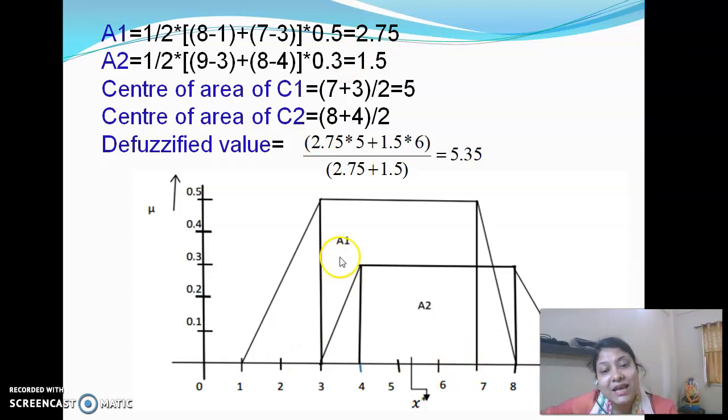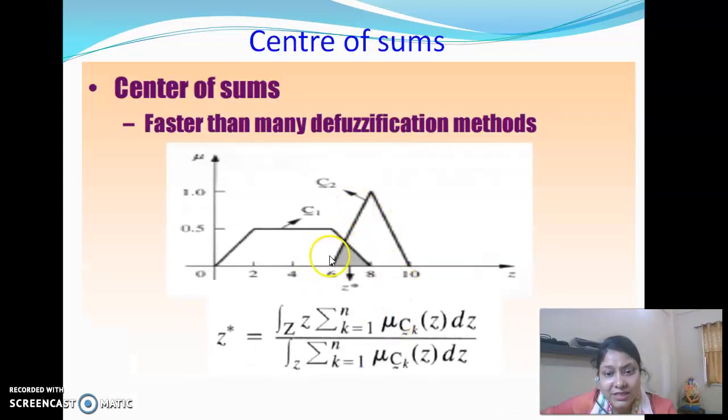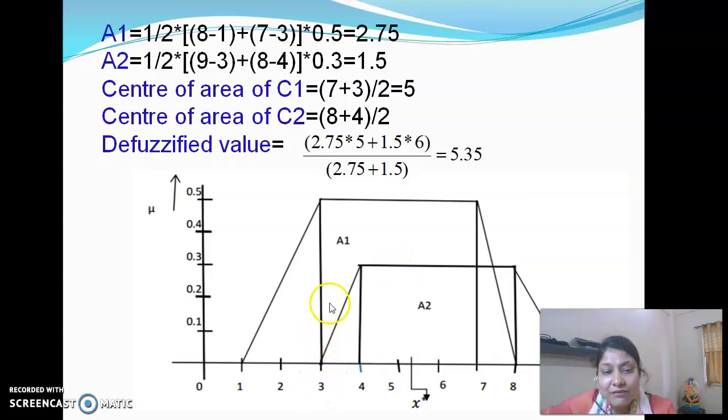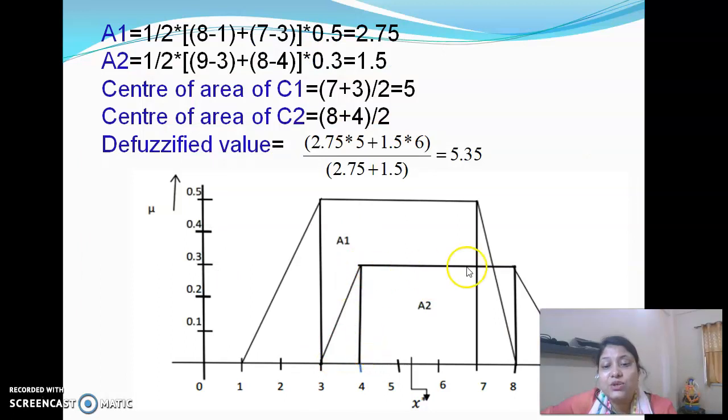Now coming to the second fuzzy set, that is C2. You can see that this is the second fuzzy set, denoted as A2. Like the first one, this is the stretch of the second membership function, where the starting value is 3 and the ending value is 9.